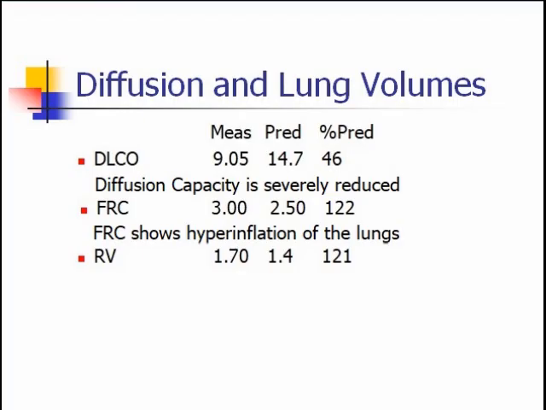So with the FRC being at 122%, this would be an indication of hyperinflation of the lungs. The lungs are overly filled with air, and in that case, it's taking away airspace from the inspiratory capacity. Now, RV is 121%.